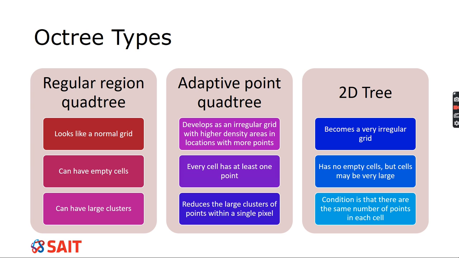It is a very irregular grid, and they can have very large cells, but there's no empty cells. So here you put in a condition, you say, I want 50 points per pixel, or per bin. I want to call it a pixel, it's not a pixel, per bin. I want 50 points per bin, and so every single bin is going to have the same number of points.